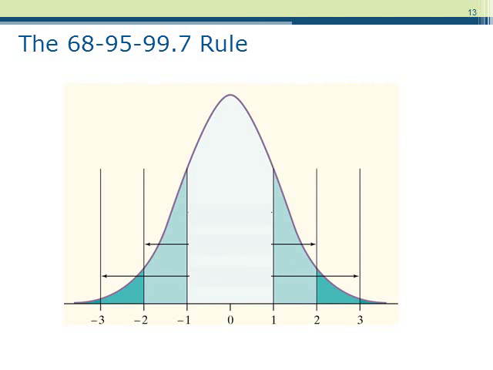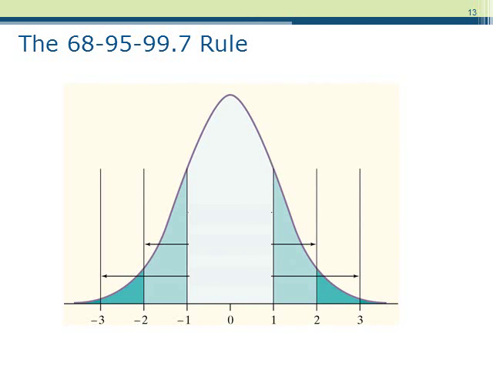Let's look at a figure to visualize the 68-95-99.7 rule. Here we have an example of a normal curve whose mean is 0 and whose standard deviation is 1. This is also called a standard normal curve.